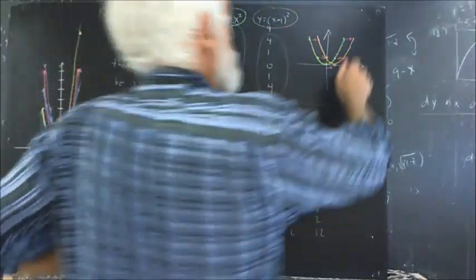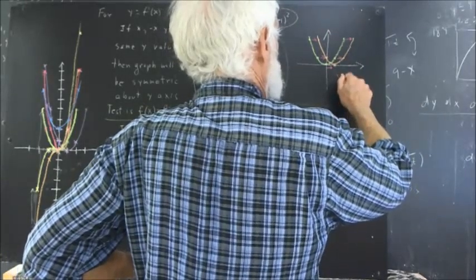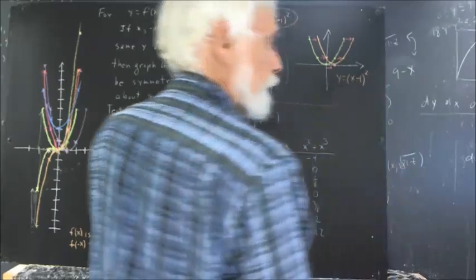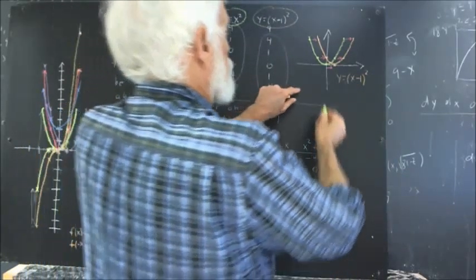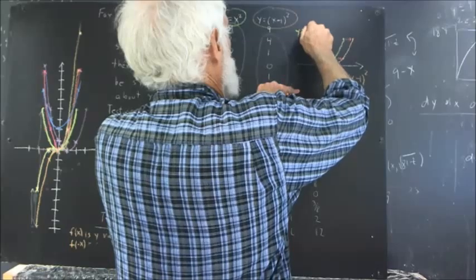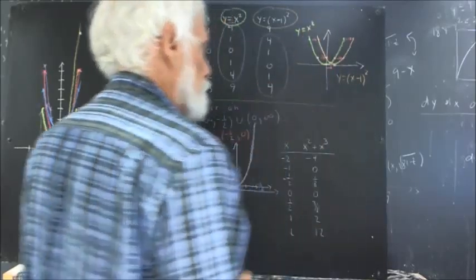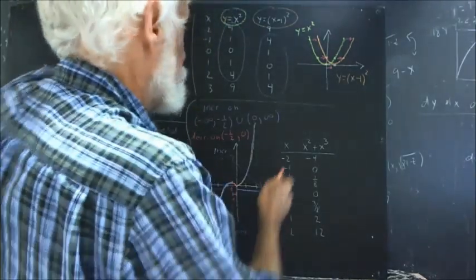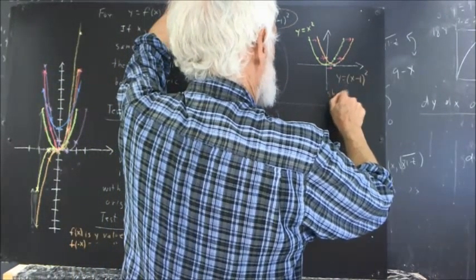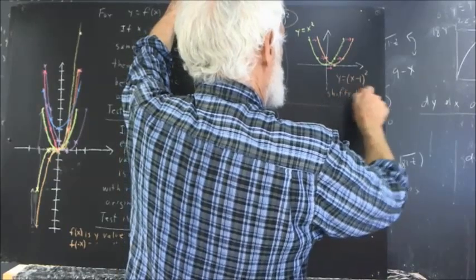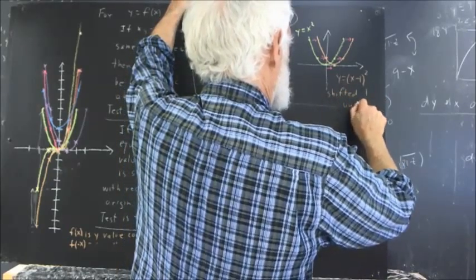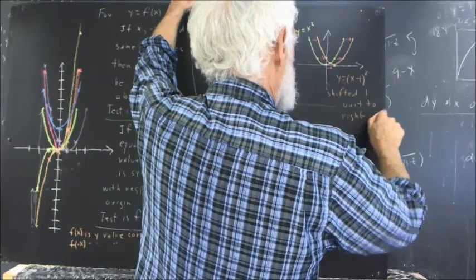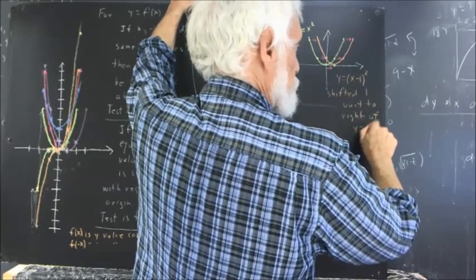So we have y equals (x minus 1) squared, and we have y equals x squared, and the y equals (x minus 1) squared graph is shifted 1 unit to the right of the y equals x squared graph.